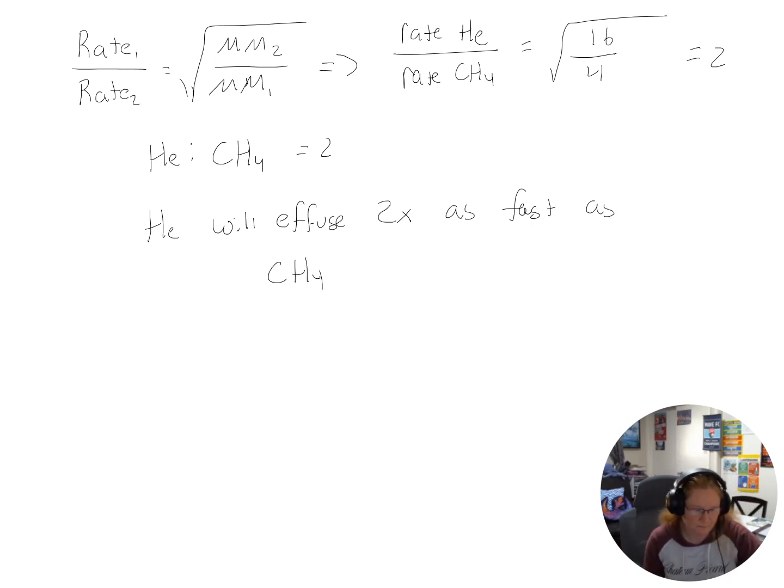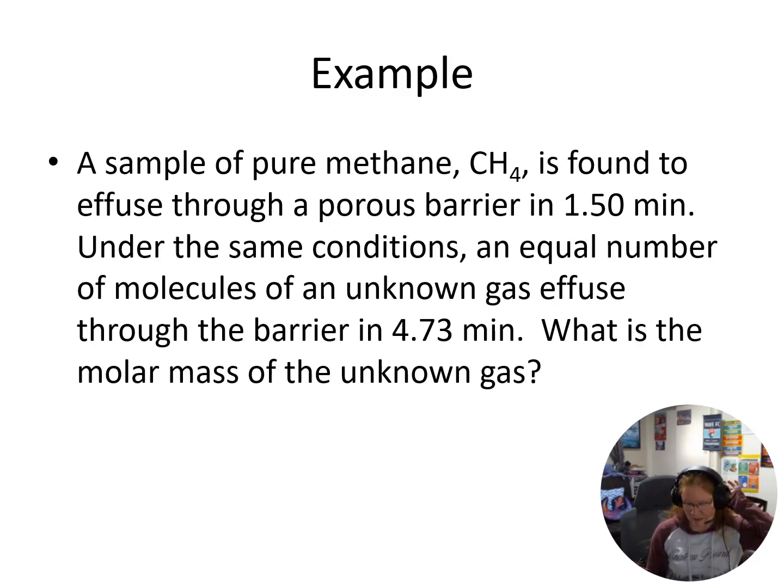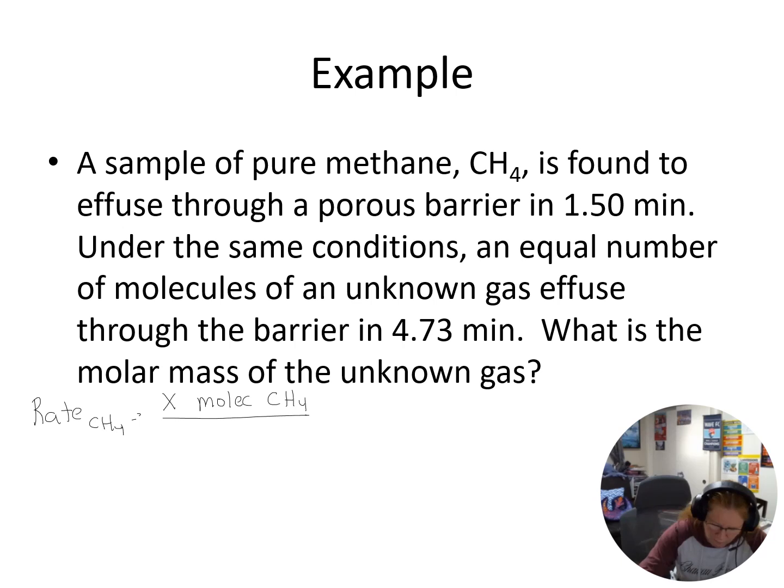Okay? All right. And then I've got some methane again, and it's going to effuse through a porous barrier in 1.5 minutes. Now, under the same conditions, an equal number of molecules of an unknown gas is going to take 4.73 minutes. I want to know what the molar mass of the unknown gas is. All right, so when I look at this, my rate of methane is some number of molecules for 1.5 minutes.